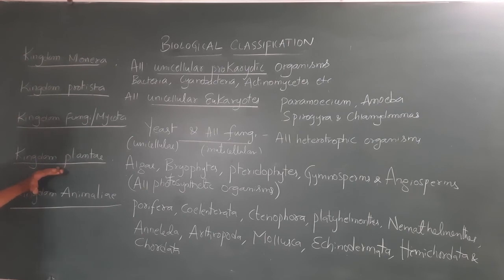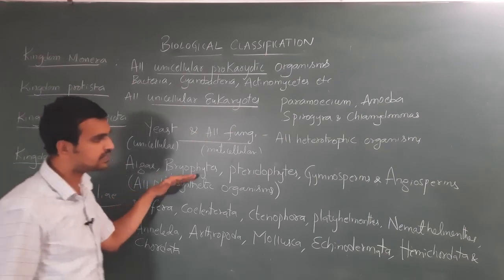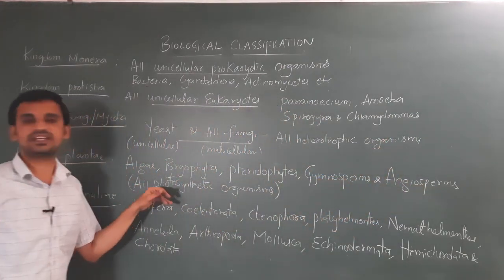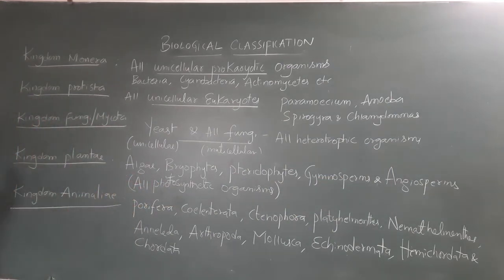Kingdom Plantae, you know that plants are photosynthetic. With the help of sunlight, they can prepare their own food material. The organisms under kingdom Plantae are algae, bryophytes, pteridophytes, gymnosperms and angiosperms.